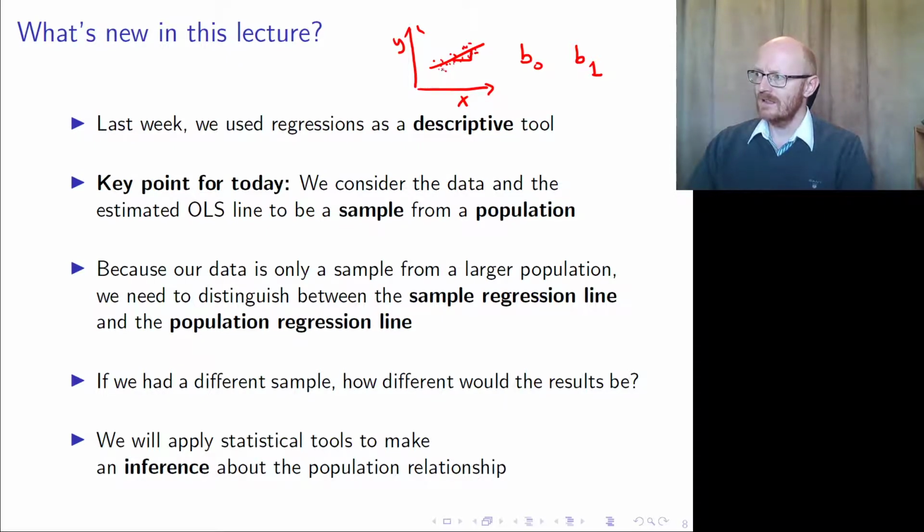It means that every time we get some data, we just think that, well, we could just as easily have gotten a different sample, and we can take many samples from this population. So for every different sample, you get a different intercept and a different slope, right?